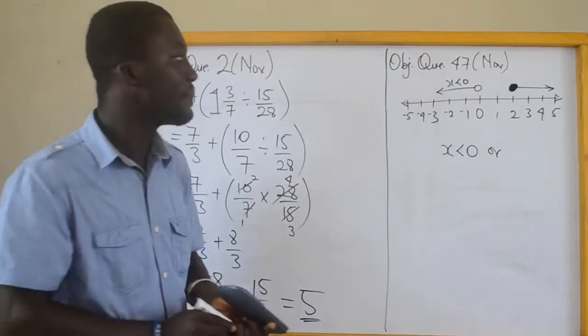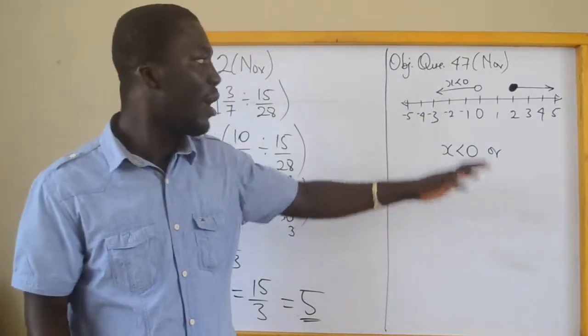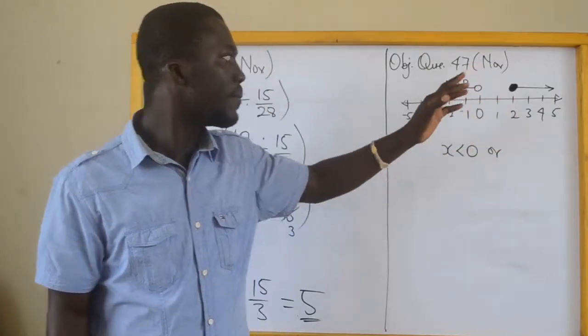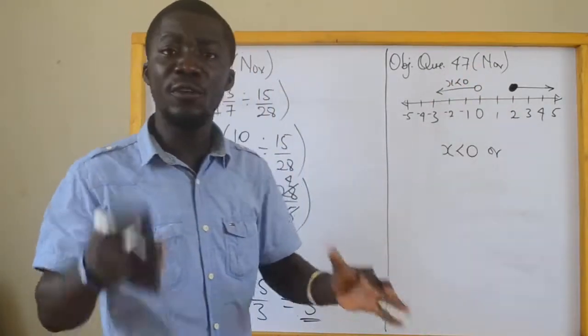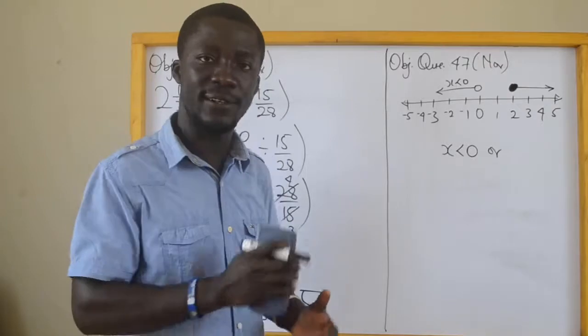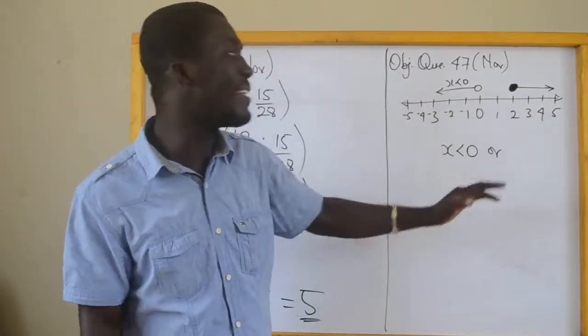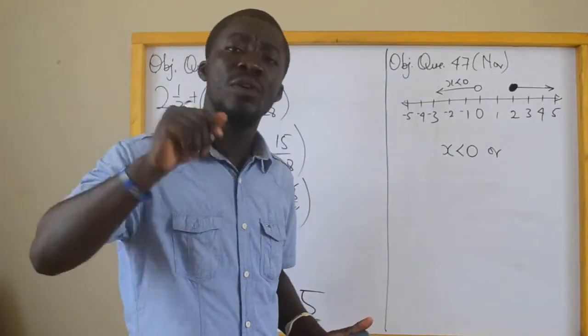The next one, to the right, says that the range of values we are going to represent x with are all greater than 2, and the 2 is also part of the values. When we talk about inclusive, we use less than or equal to, or greater than or equal to. Here the values are greater than 2, and the 2 is also part.